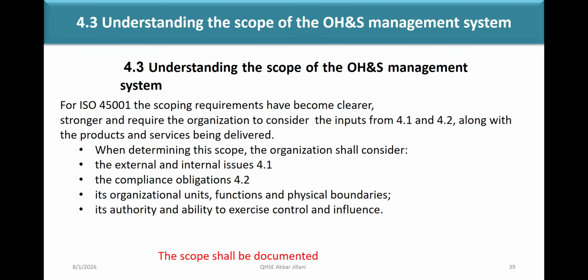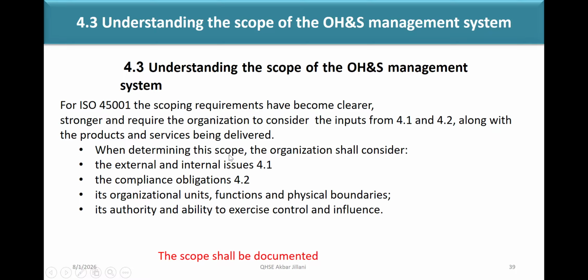Understand the scope of the management system. For ISO 45001 clause 4.3, the scope requirements have become clearer and stronger and require the organization to consider the input from 4.1 and 4.2, along with the products and services being delivered.